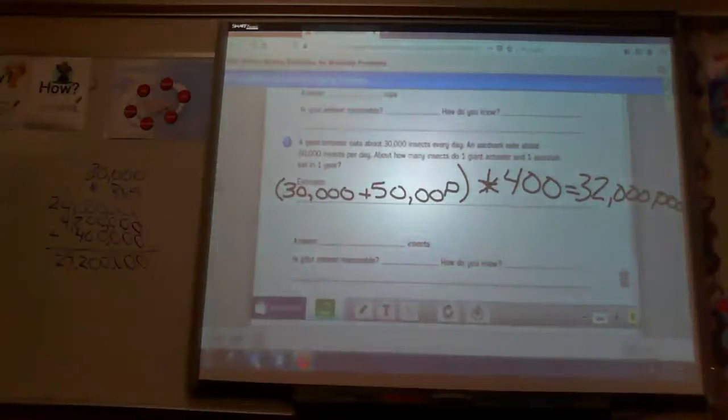If it was 399, you take away 80,000. You take away another one, you're timesing by 398, that's losing another 80,000. You're losing a lot every time, right? We'd expect it to be smaller and by a fair amount, 3 million. Not a whole lot, but a fair amount. So that makes sense. All right, good job.